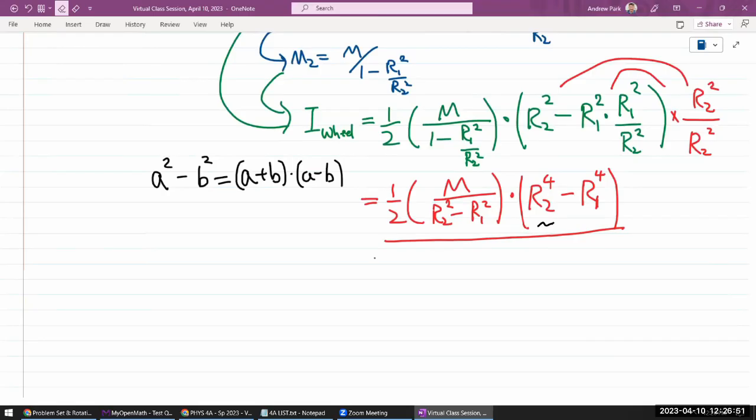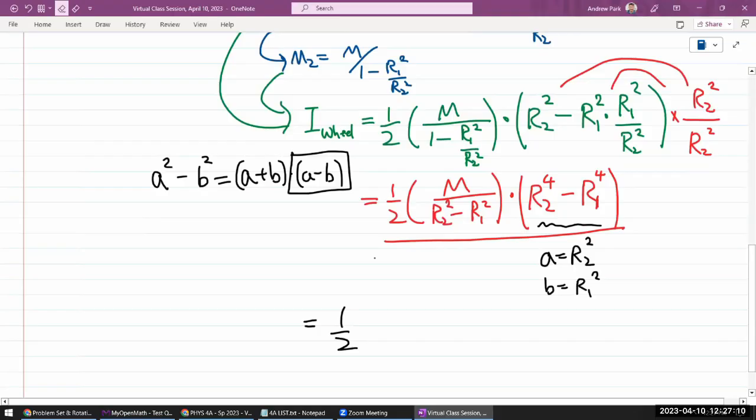I'm looking at this expression because if I say a is equal to r2 squared and b is equal to r1 squared, then we can use this factoring form. After the factoring, I'm looking forward to getting this canceled out. So let me just write it out.